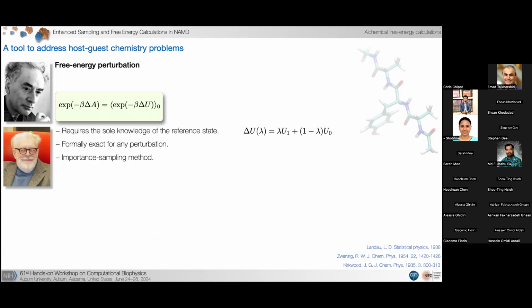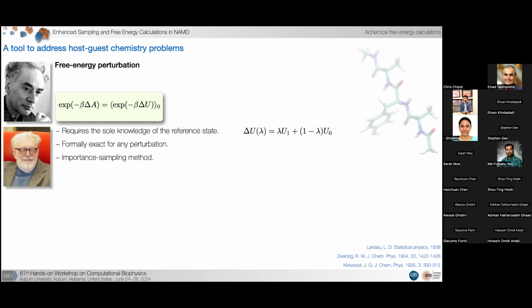And delta U, as I said, is a linear combination of the final potential energy function and an initial potential energy function, U1 and U0. It's formally exact for any perturbation, provided that you can sample infinitely. And it's an importance sampling method.